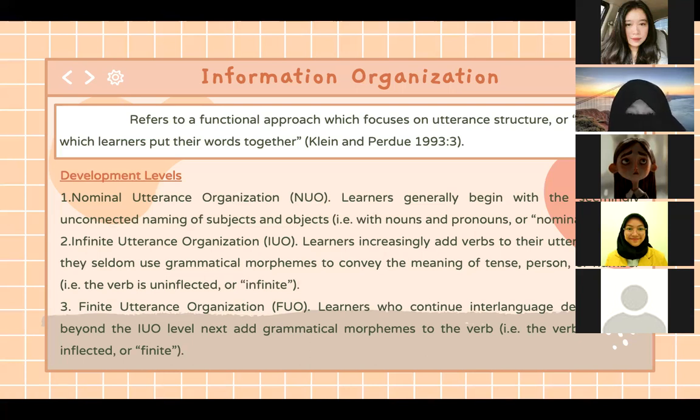And then the third sequence is called FUO, or finite utterance organization. In this sequence, learners who continue in language development beyond the IUO level next add grammatical morphemes to the verb.